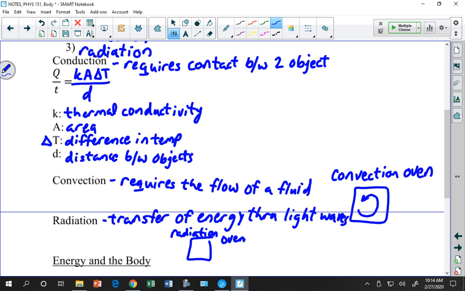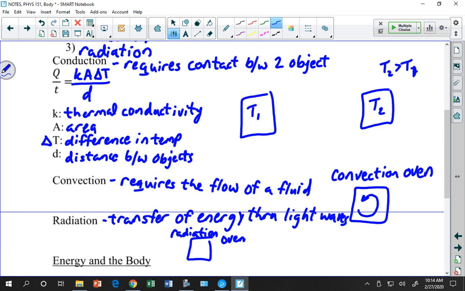So if I have two objects here and here, one has temperature T1, one has temperature T2. Let's say that T2 is bigger than T1, and they're connected by an object, say a metal rod. That's a metal rod. First of all, which way is energy going to be flowing in this system?